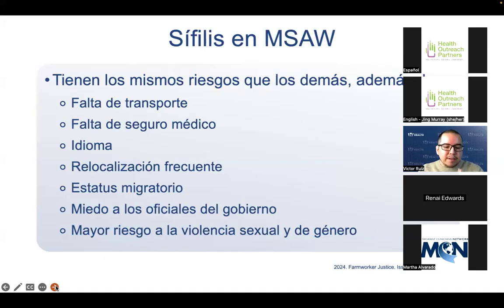Also, increased risk of sexual and gender violence is a risk factor that we did see. One thing that I also wanted to bring up is cultural upbringings. In the counties that we serve and across the state, staff have to be able to talk to clients, because some folks who grew up in a certain area feel that they are not able to talk about sex, STIs, or HIV.